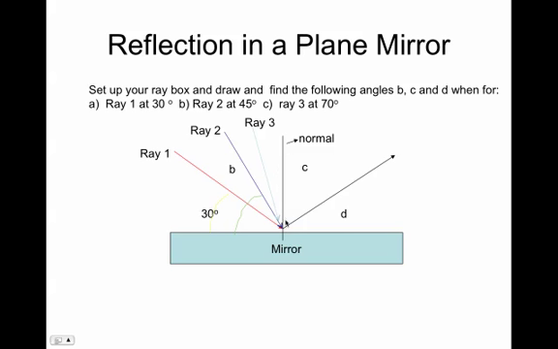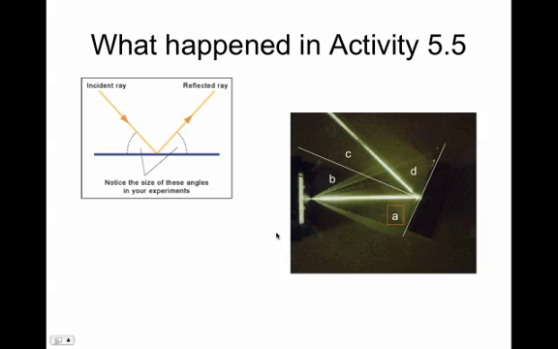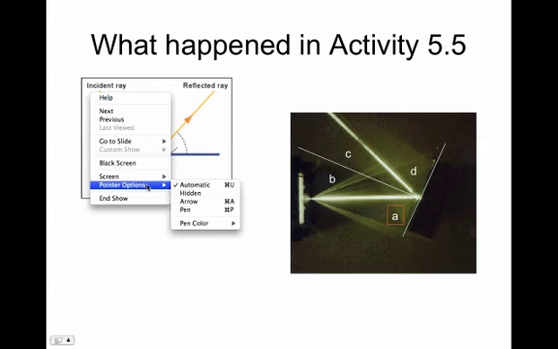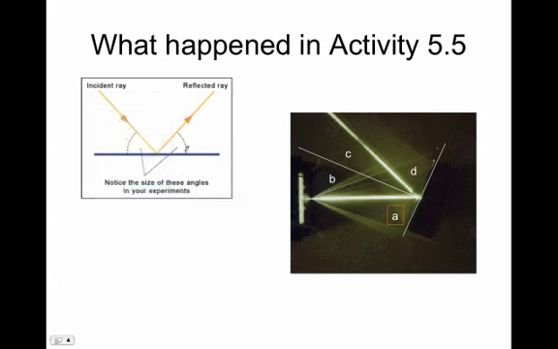Our normal line we would draw into our diagram would be 90 degrees from the mirror. Other important terms: the light ray coming into the surface we call the incident ray, and the light ray that bounces off the surface, of course, is called the reflected ray.